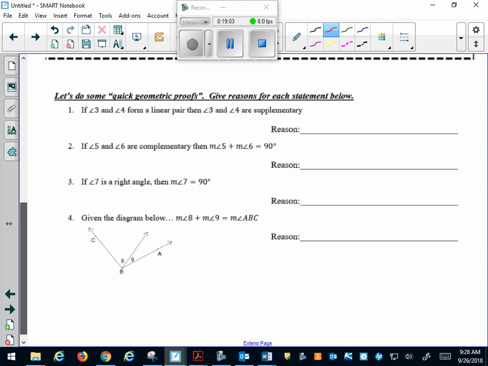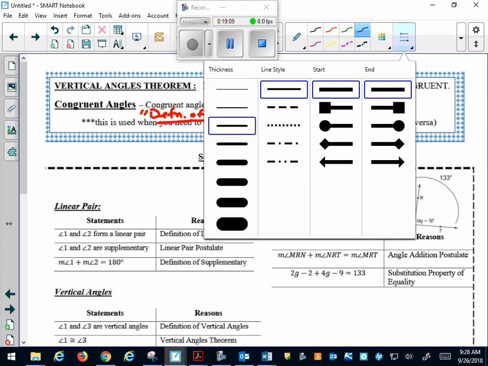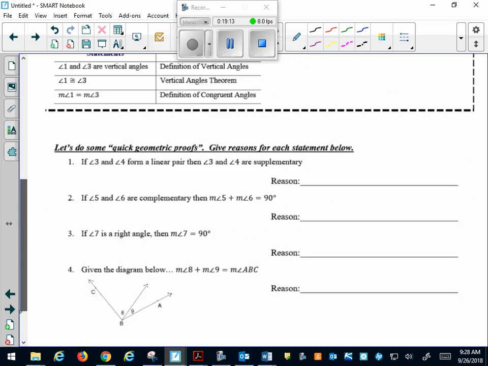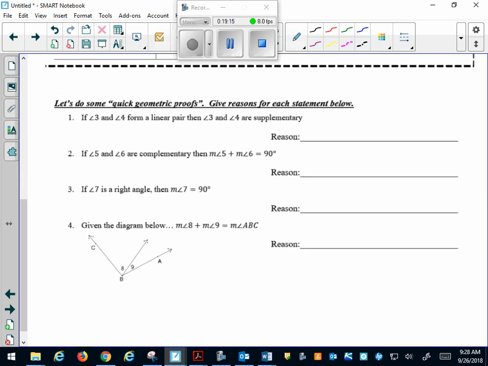Let's do some quick geometric proofs. This is not a whole proof, just part of a proof. Basically, we're just giving reasons. So right here, if angle 3 and angle 4 form a linear pair, then angle 3 and angle 4 are supplementary.